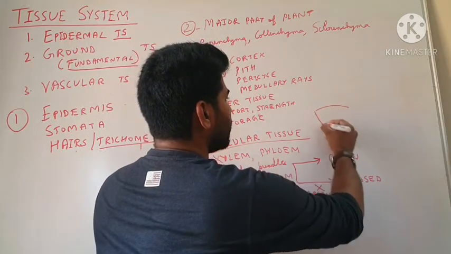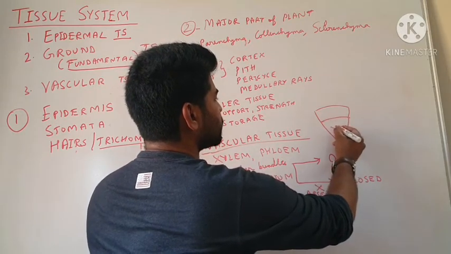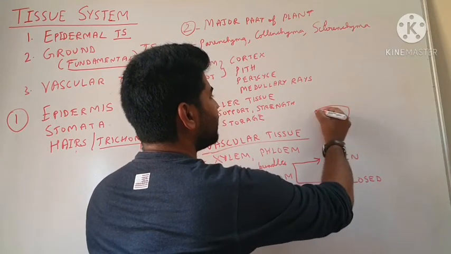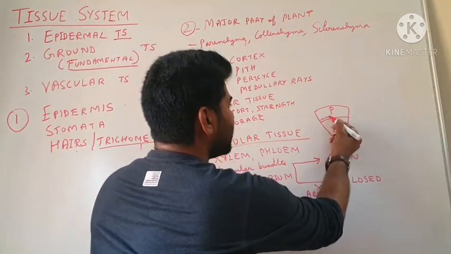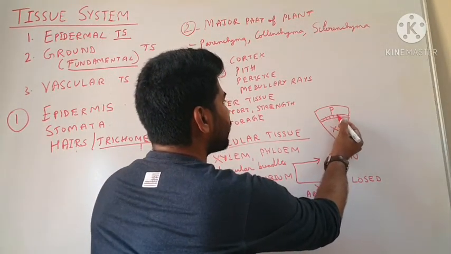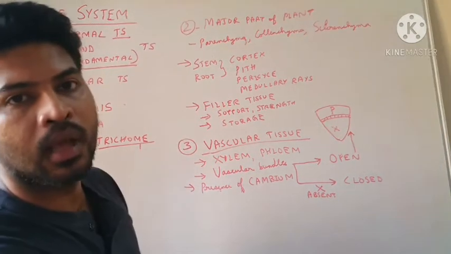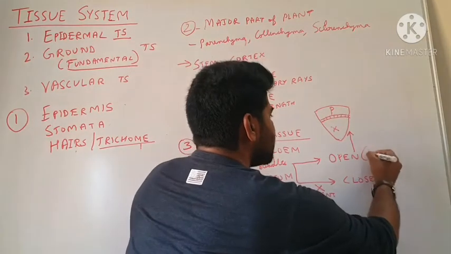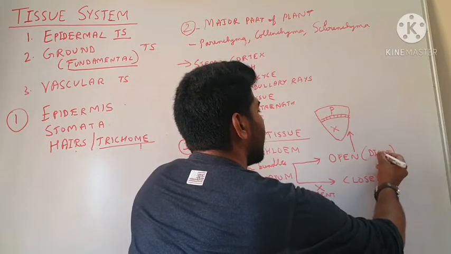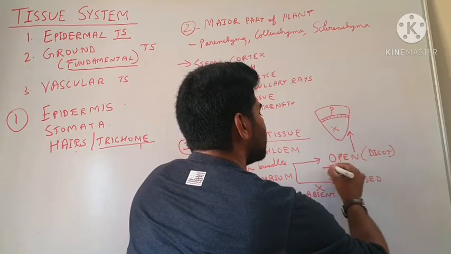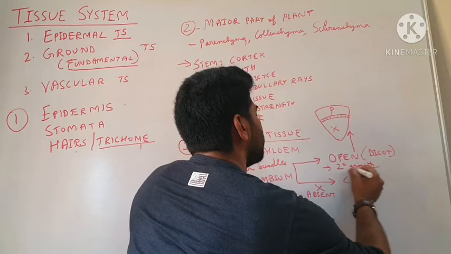So we have the xylem and phloem present together. We have the xylem, and on the outer side we have the phloem. If the xylem and phloem are separated by a layer of cambium, then it is called an open type of vascular bundle. It is mostly seen in dicot stems, and it will result in the secondary growth of plants.